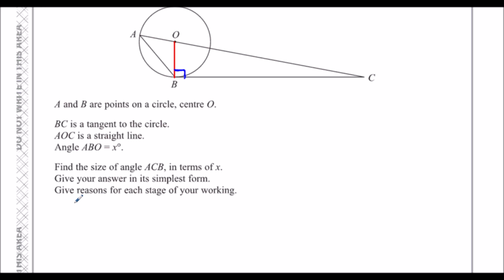We're going to give reasons for each stage of our working. So I'll write in straight away, OBC is 90 degrees, tangent meets radius at 90 degrees. And now I'll finish reading the question.